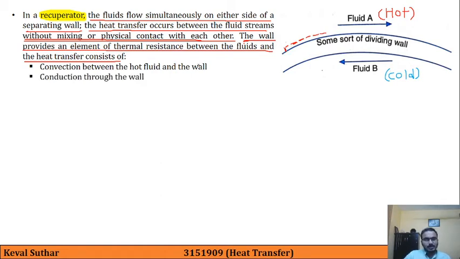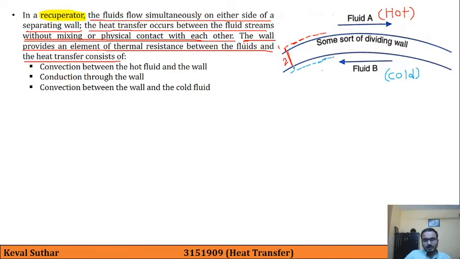Then conduction through wall, that is through this wall, that will be a conduction one. So this was our first way. This is the second way the heat exchange is happening, and third is the convection between wall and cold fluid, that is over here. This will be helpful in our performance analysis also.